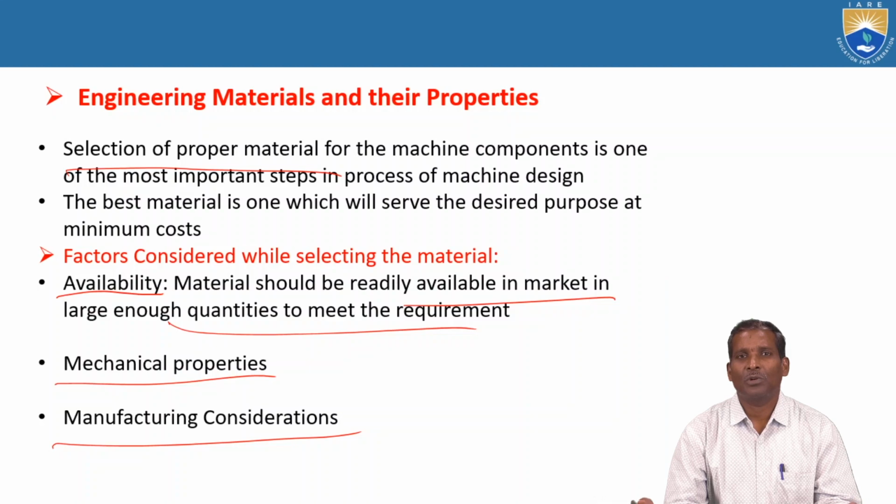If you want to design a bolt material, suppose you have used mild steel, then the mild steel material should be available in market in large quantities. That's why the availability of material is one of the main factors.